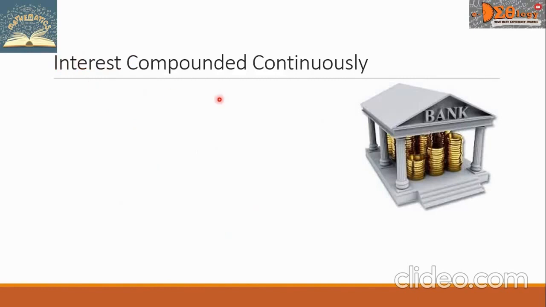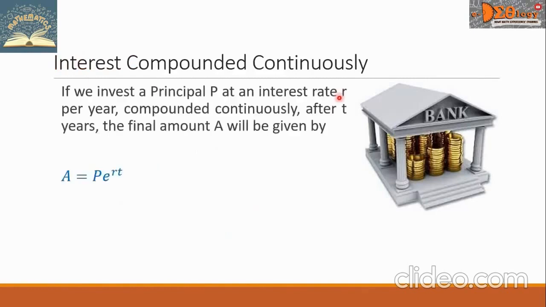For interest compounded continuously, we say that if we invest a principal P at an interest rate R per year, compounded continuously, after T years, the final amount A will be given by this formula.